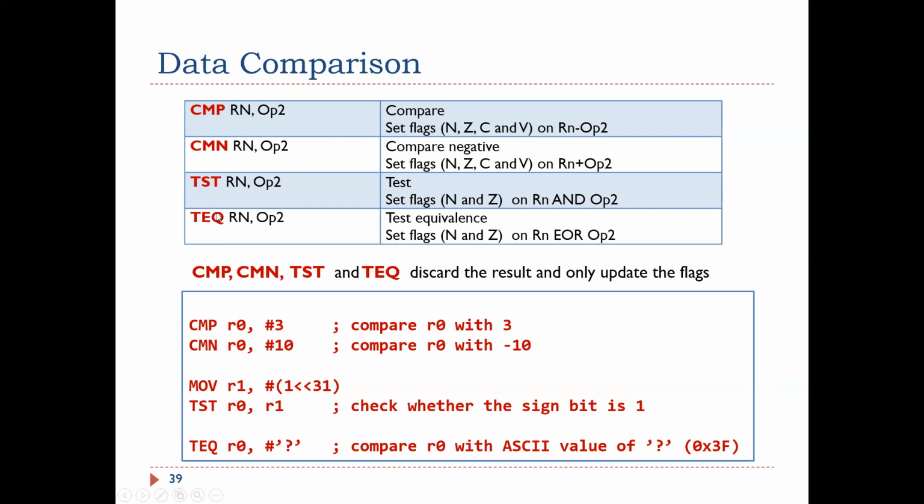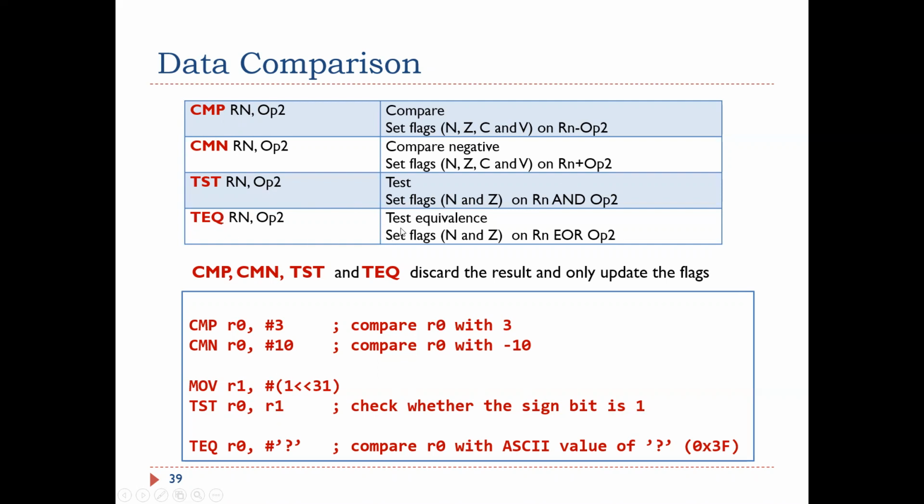TST and TEQ are also instructions where you can get the same functionality with CMP, but if you see a need for their specific functionality, you can use them. So let's take a look. TST, which is test, does an AND operation between the 2 operands, and then sets only the negative flag and the zero flag.